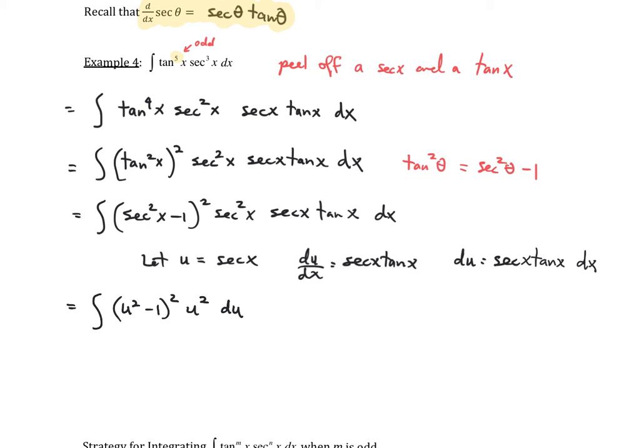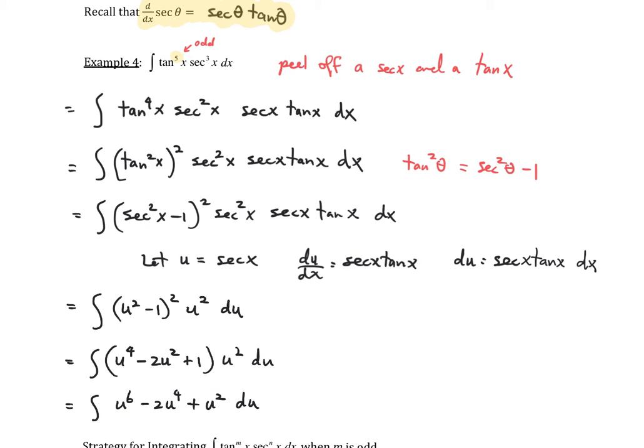I'm going to distribute the square. So that's going to give me a u to the fourth minus 2u squared plus 1 times u squared du. Let us distribute the u squared across the parentheses now. I'm going to get u to the sixth power minus 2u to the fourth power plus u squared du.